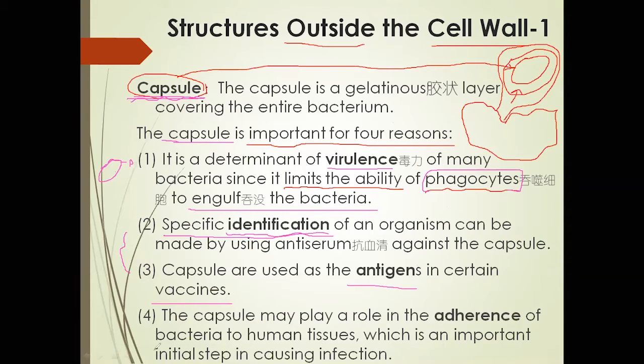And the last one, we're talking about a special function of the capsules. They have a touching kind of function. It means bacteria with capsules can easily attach or stick to human tissues.